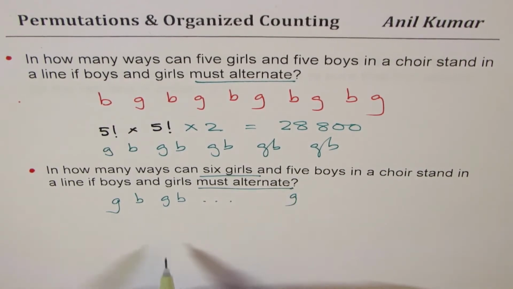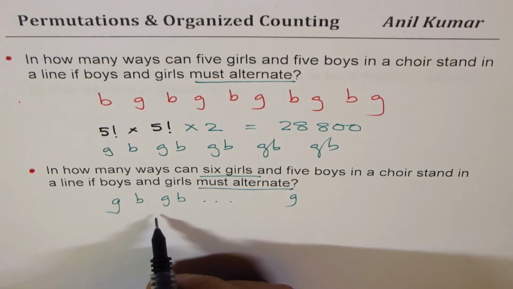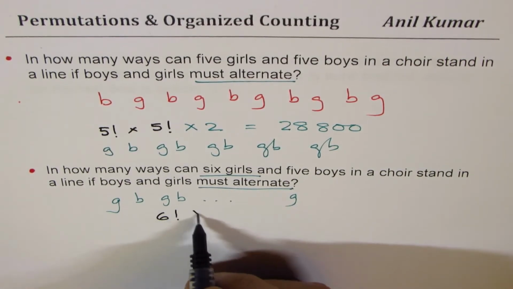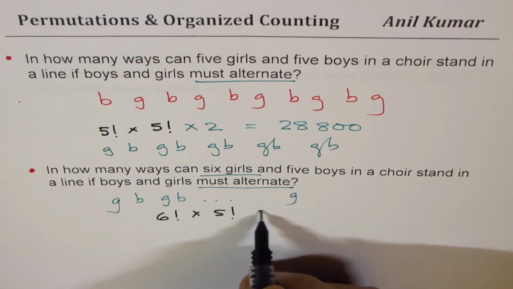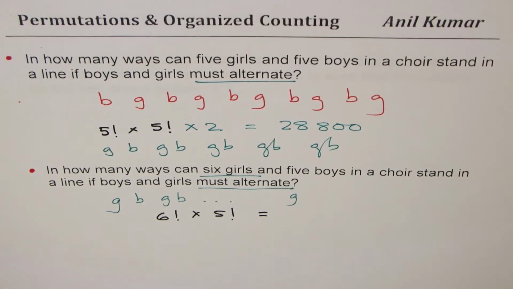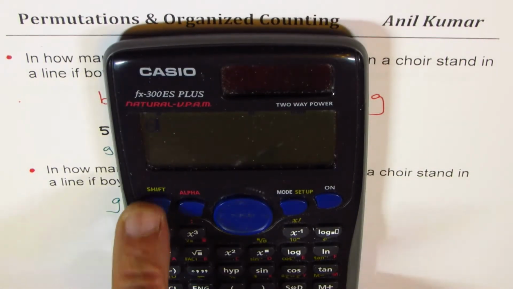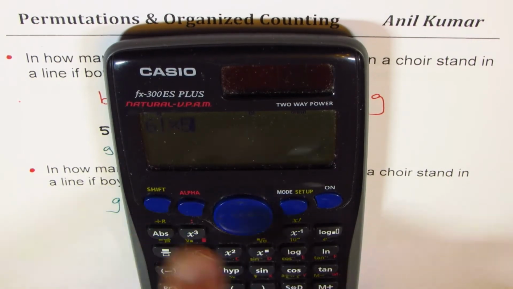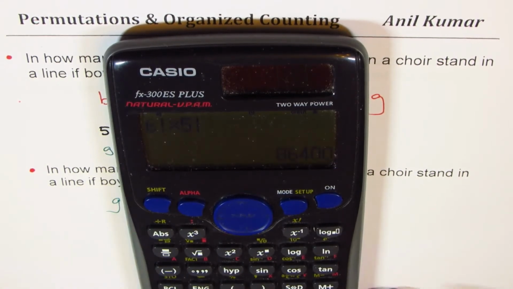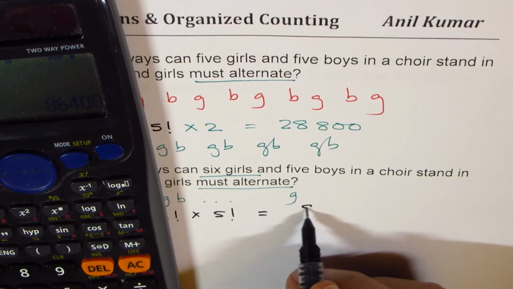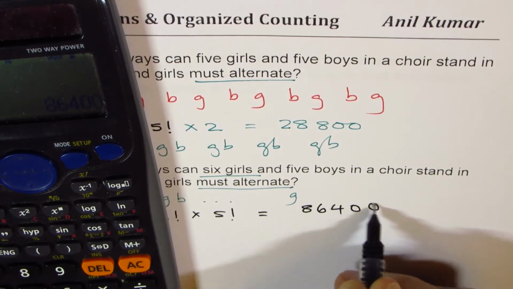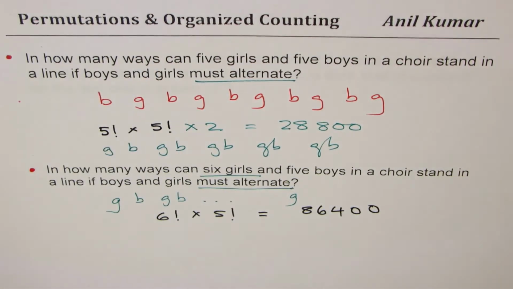Ending with girl, since there are 6 girls. So in this particular case, the answer will be 6 factorial times 5 factorial. Perfect? Which equals 86400. So I hope the concept is clear.